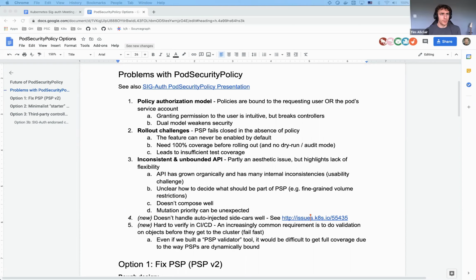Maybe to give a couple of concrete examples on that, I could see someone wanting a policy that says you're allowed to run with elevated permissions, but only in an init container. So not something that's continuously running alongside a production-facing workload.